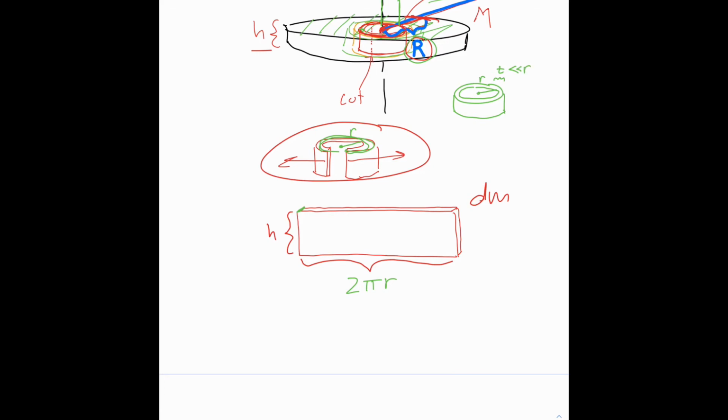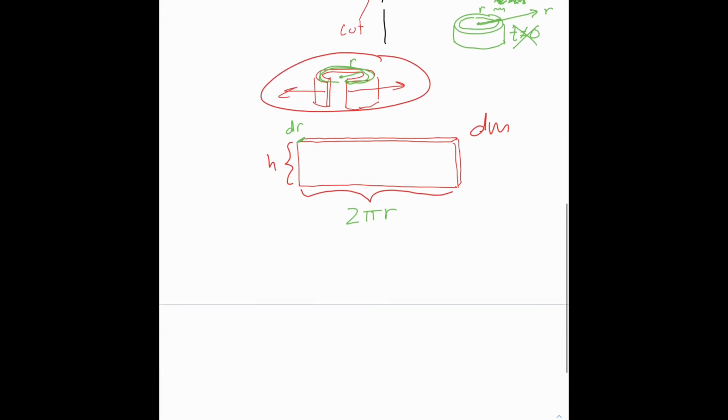But then again, the thickness is not exactly 0. In fact, the thickness takes up a small fraction of distance along the radial axis. And so instead of calling it t, it's just as well to say it's a small bit of displacement along the radial axis. It has a thickness of dr. So there we go. We have a three-dimensional object with just a tiny bit of volume.